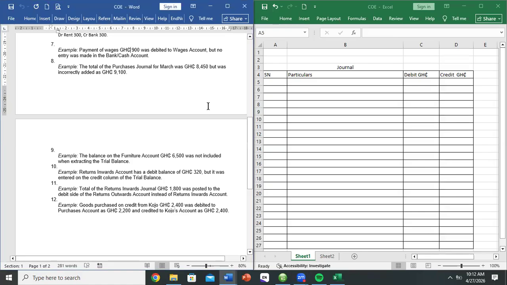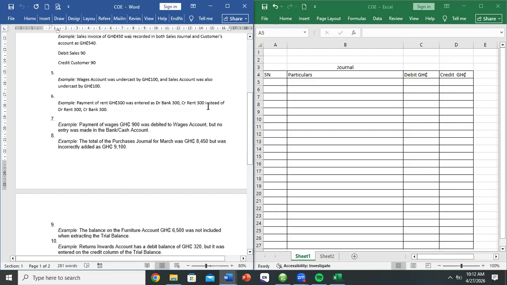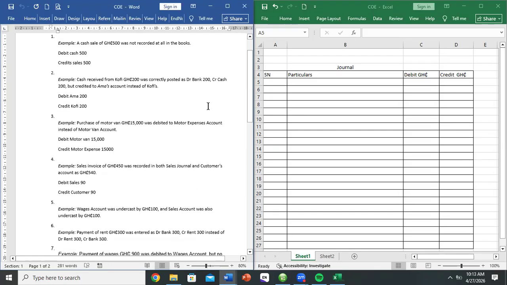Okay, so today we are going to continue with the errors that we started the last time. To the best of my knowledge, we dealt with 1, 2, 3, 4, 5, and 6. The sixth one was the compensating error.